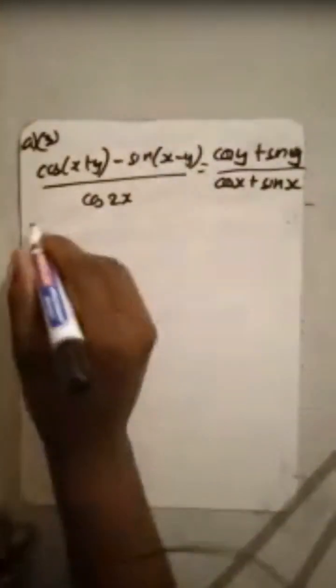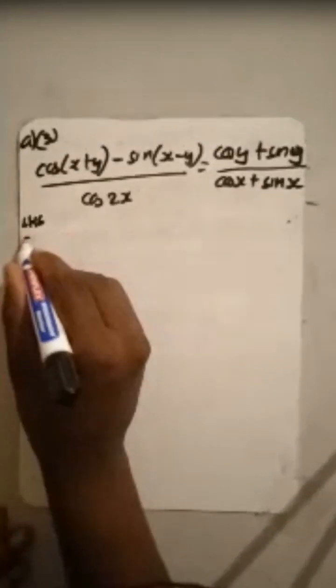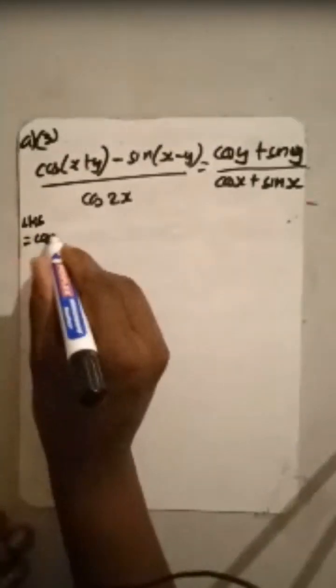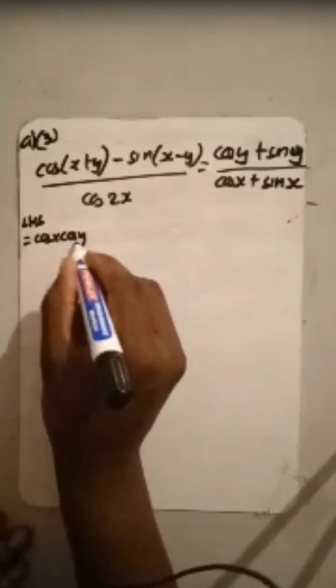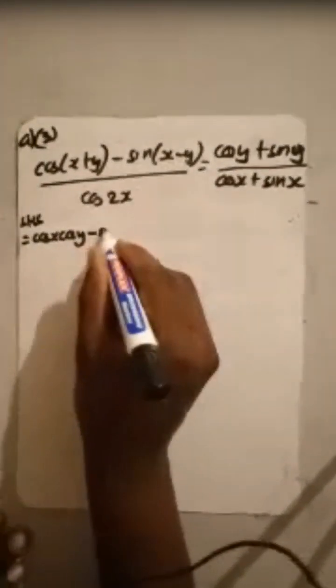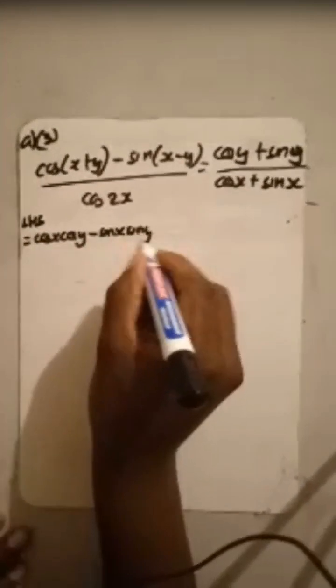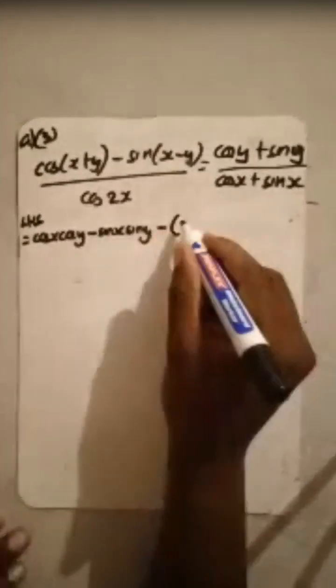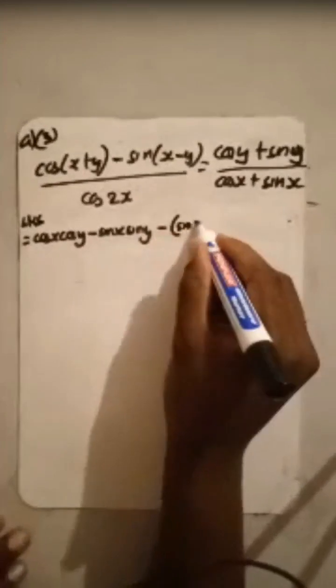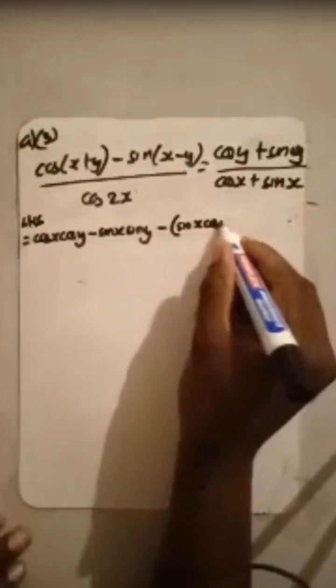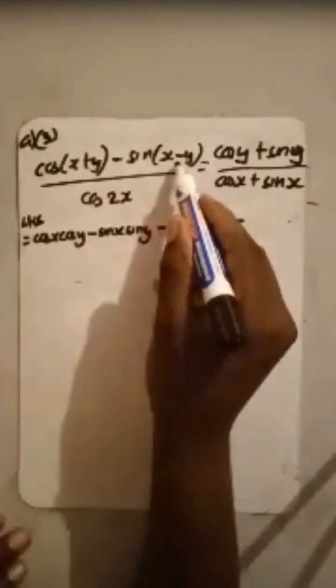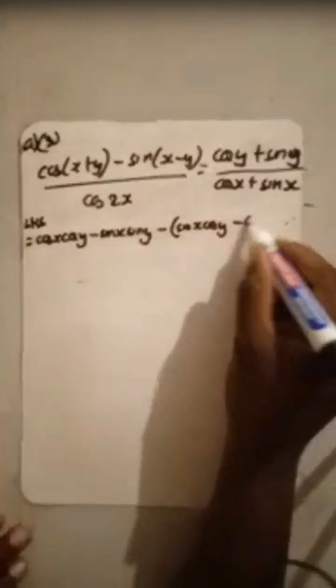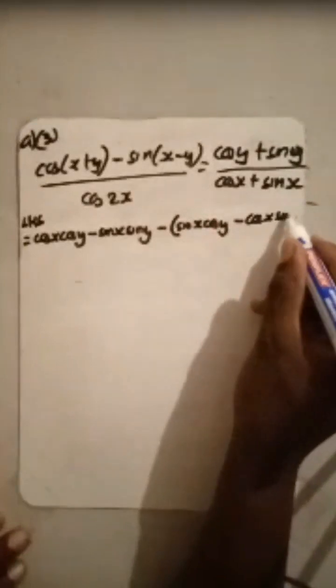I don't have enough space there, it's not good. I don't want to squash things. So I'm saying the left-hand side is equal to cos x cos y minus sin x sin y minus, then I put this one in brackets, which is going to be sin x cos y plus cos x sin y, over.